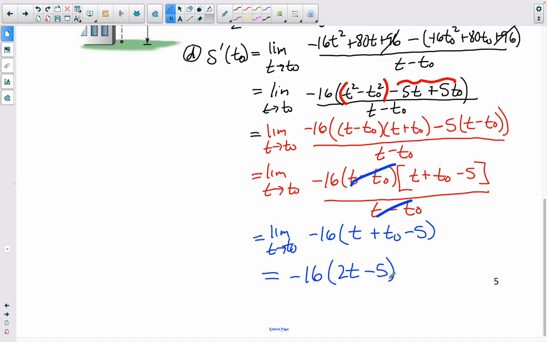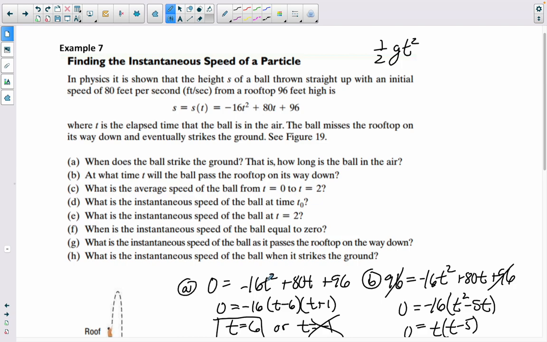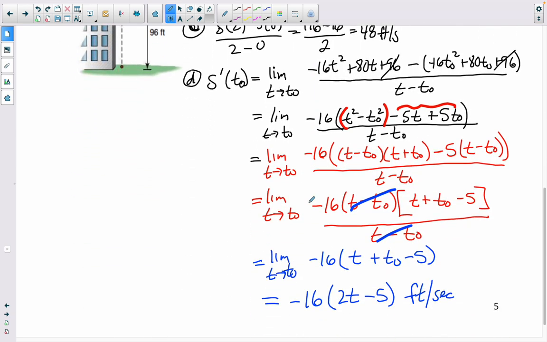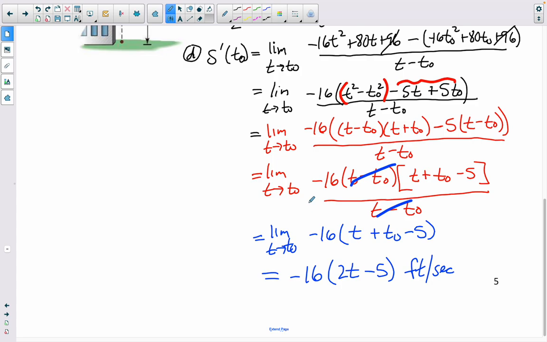Okay? And so that is my instantaneous rate of change at any given time t naught. Again, algebra heavy. You have to be able to factor. You have to be able to manipulate these things to remove that discontinuity.